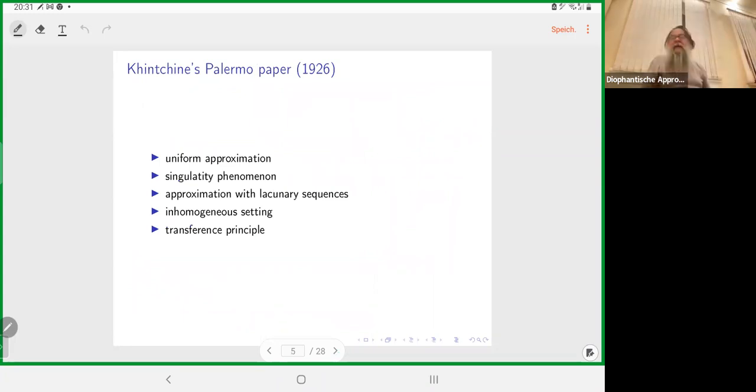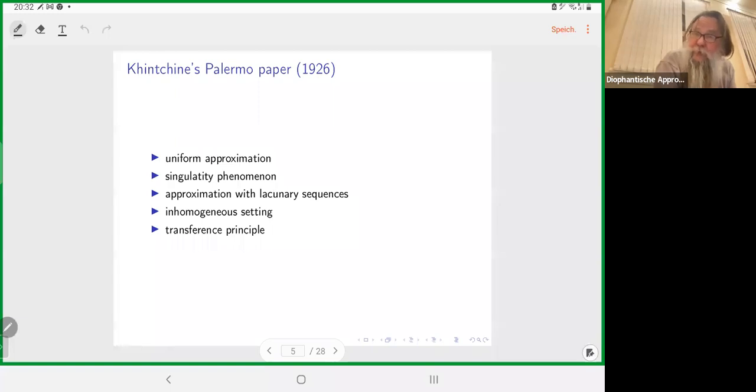Well, to start to understand the homogeneous problem well, we need to know Khintchine's Palermo paper, which was the main paper which founded modern Diophantine approximation. So the concepts of uniform approximation, singularity phenomena, lacunary sequences, and the transference principle came from this paper.